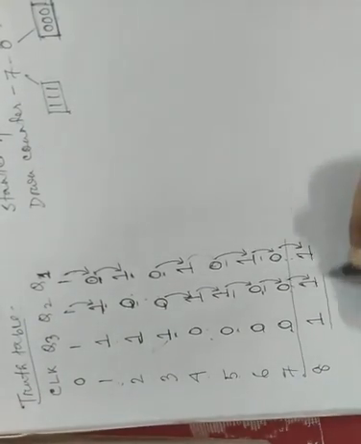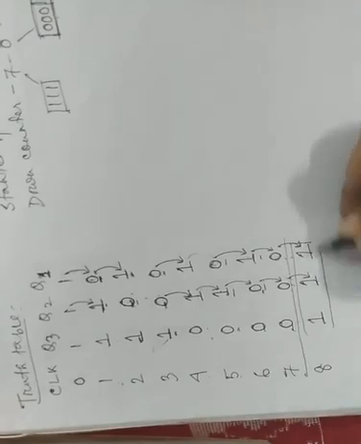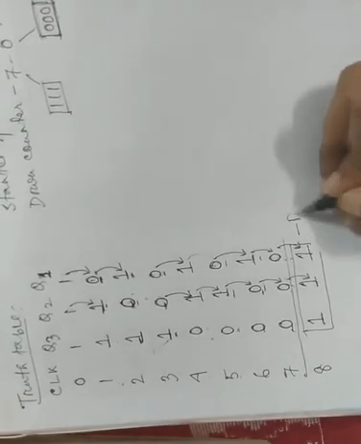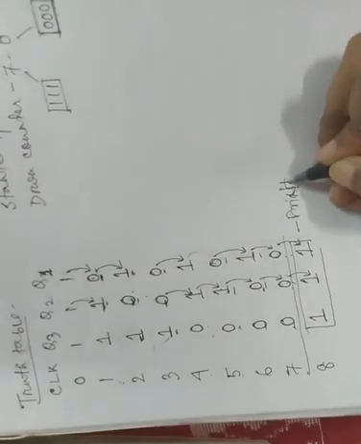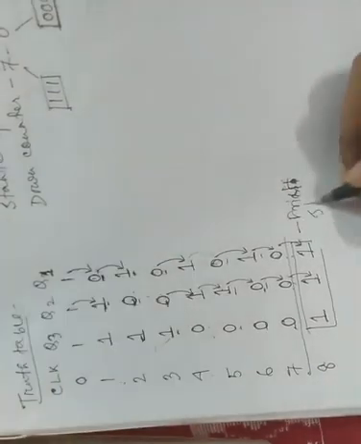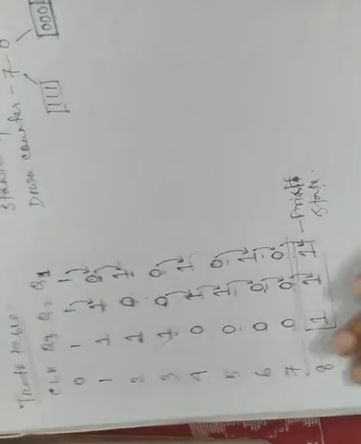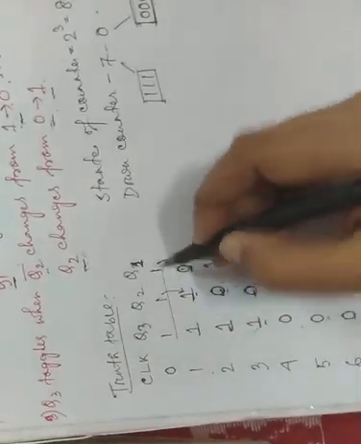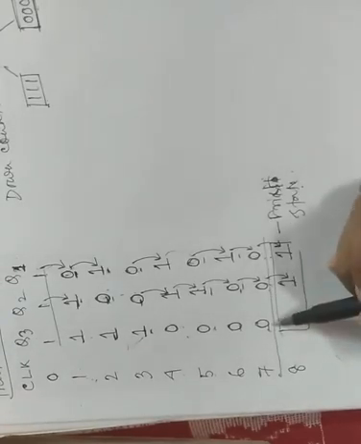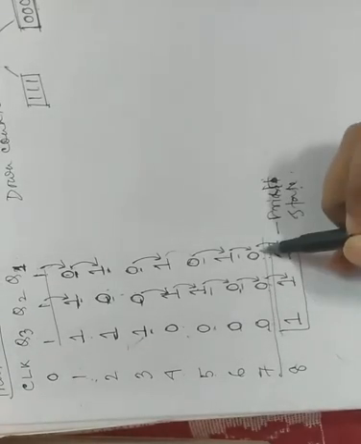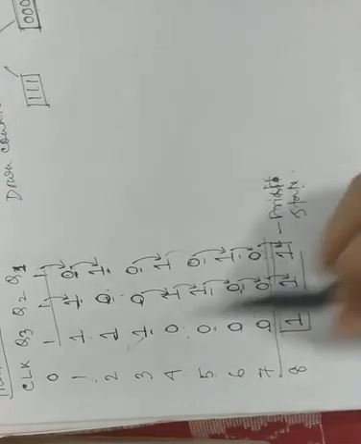You see here this state repeats again from the first state. Okay, so after reaching the count 000, it again goes to its first state.